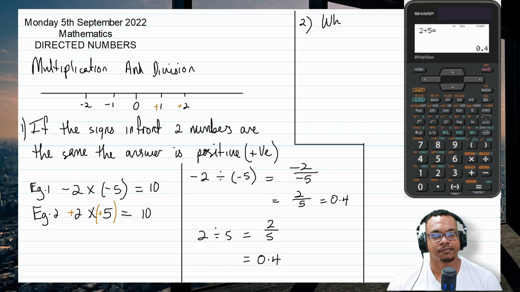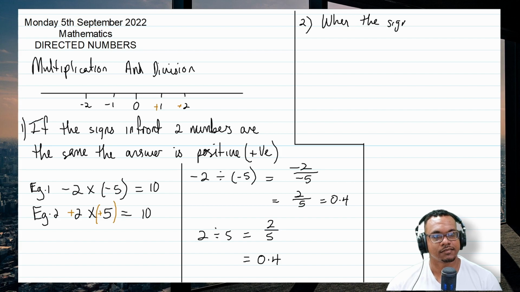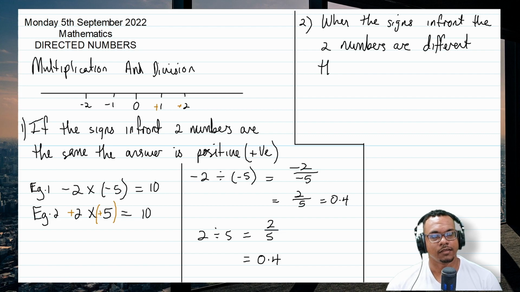All right, so we have when the signs in front of the 2 numbers are different, all right, the answer is negative.